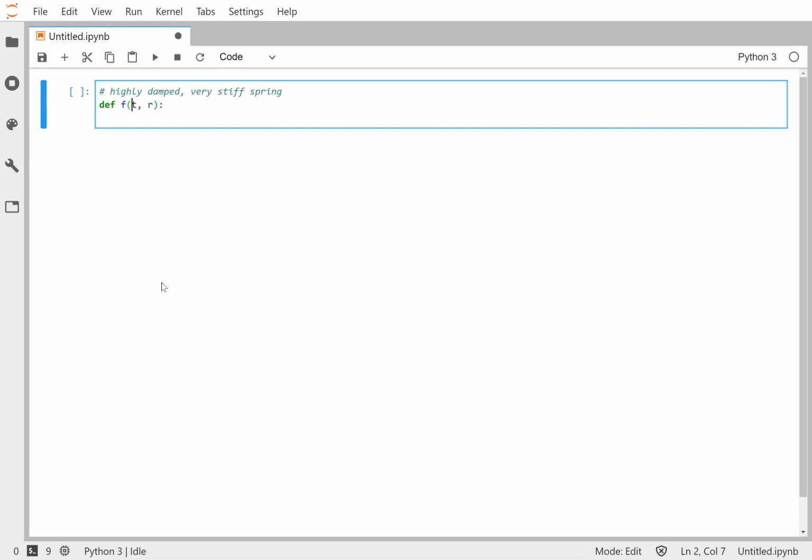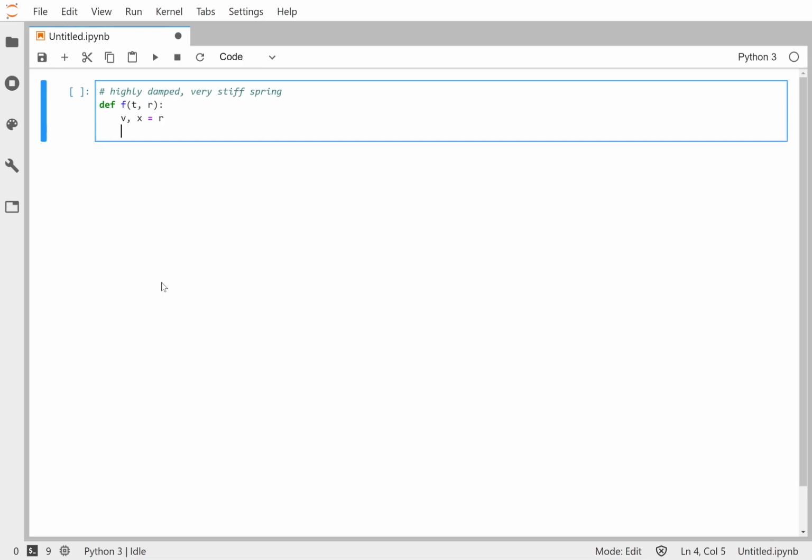So remember, the order of our arguments here matters when we're using solve IVP. We want to unpack v and x. This is a second order differential equation. And we're going to make fx going to be v, so v will be velocity here.